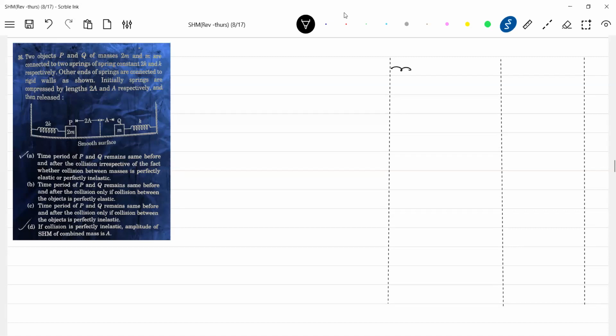Okay, this is compressed by 2a. This is compressed by a. They will arrive at the mean position.